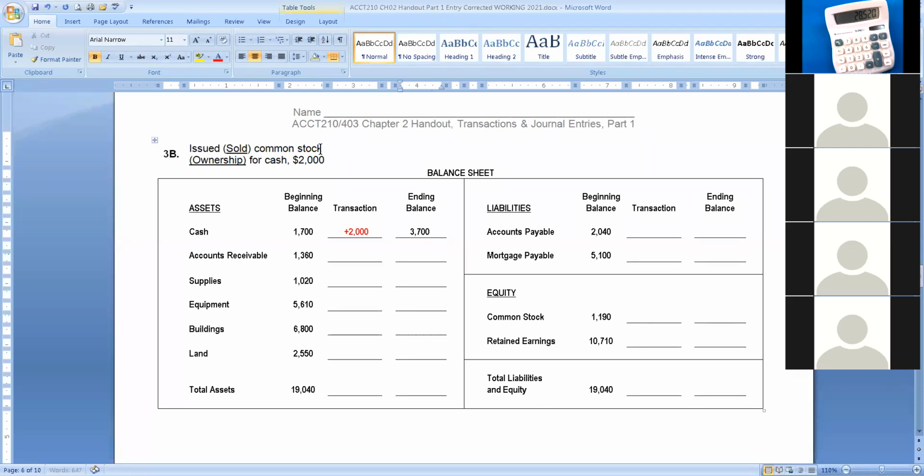And our common stock down here. So now we sold more. Do we have more owners or fewer owners now? We sold part of the company. More, exactly. Either more people own it, or whoever else owned it before now owns more of it. So this would be a plus. We have $2,000 more of ownership.